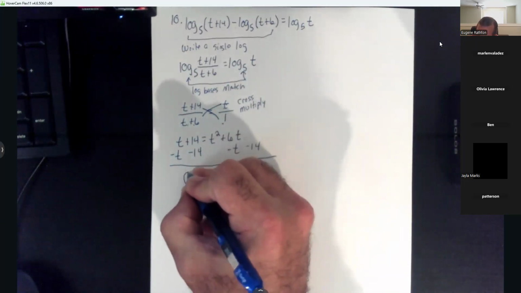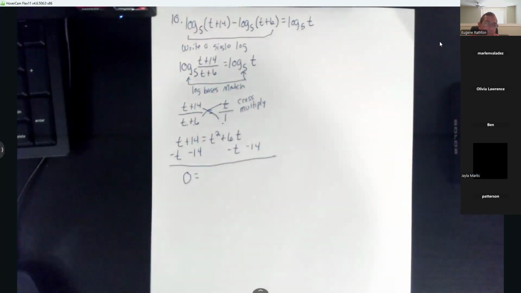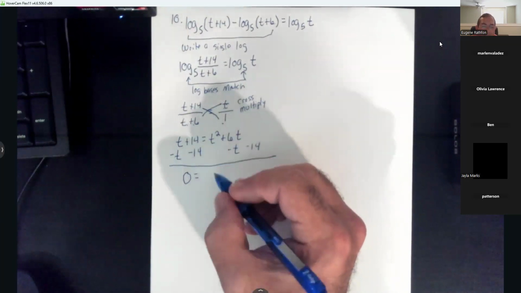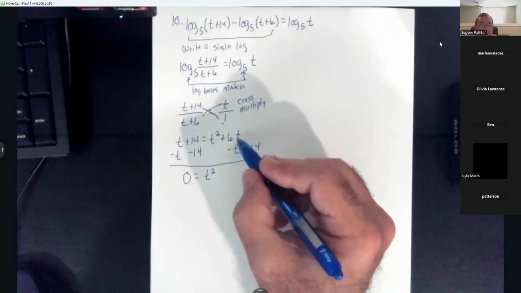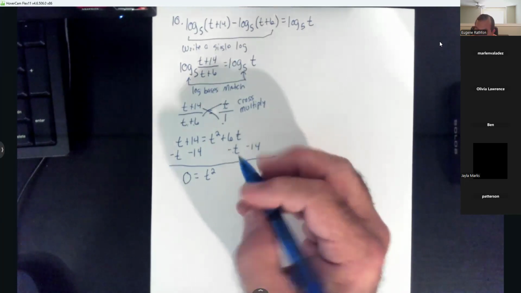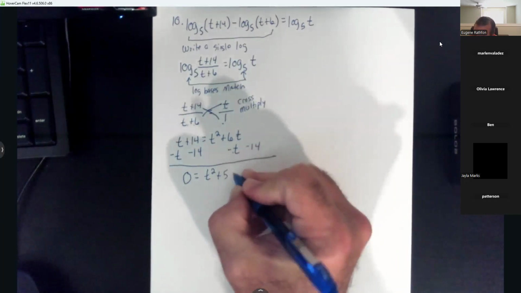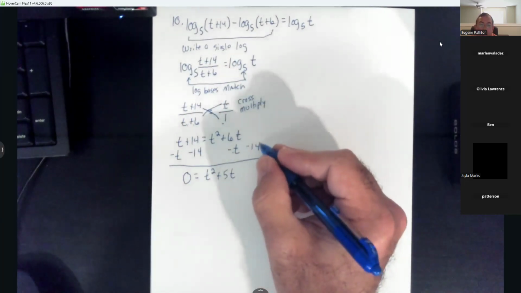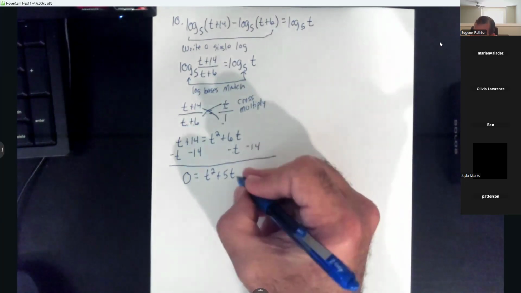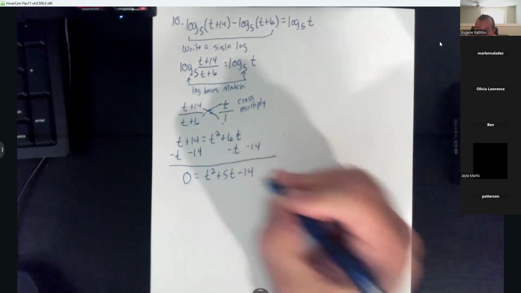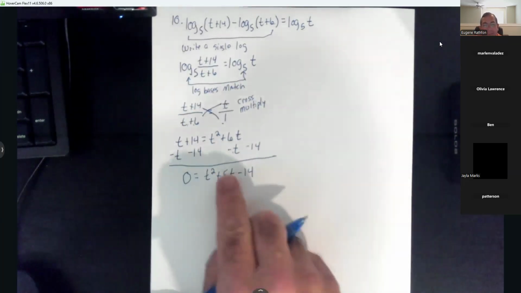The left side ain't nothing but a big 0. So bring down your t squared. Then you're just adding like terms. Well, 6t and a negative t give you a 5t. And then there's no number up here to worry about. So just bring down your negative 14.